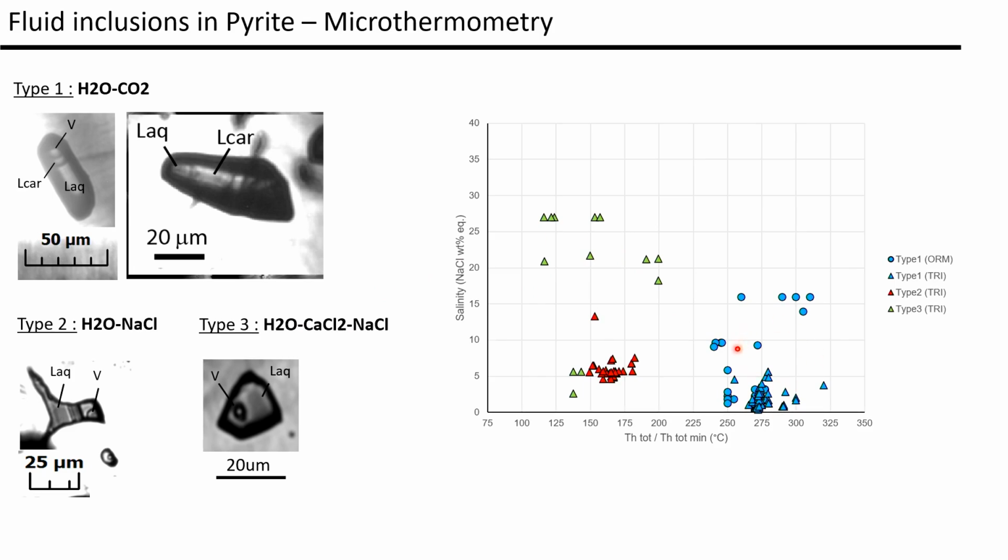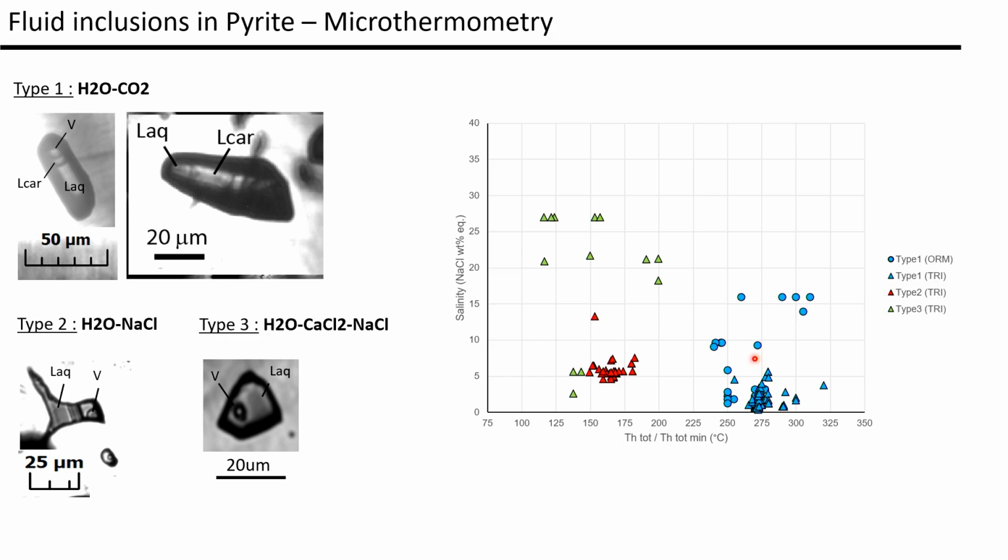First of all, it is interesting to note that the aqueous carbonic 3D inclusions always have a homogenization temperature between 250 and 325. What we have to keep in mind is that those 3D inclusions have been studied in pyrite, and something I didn't say before is that when we increase the temperature, the transmittance of the pyrite decreases.